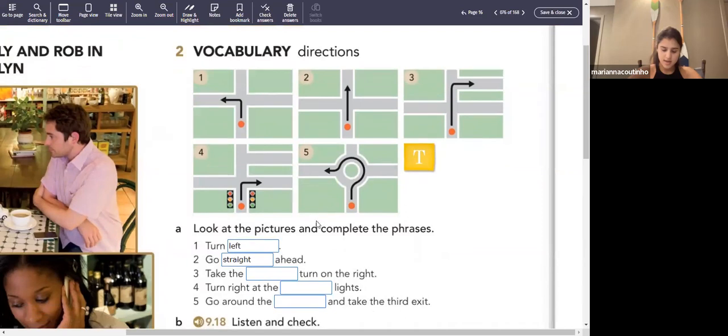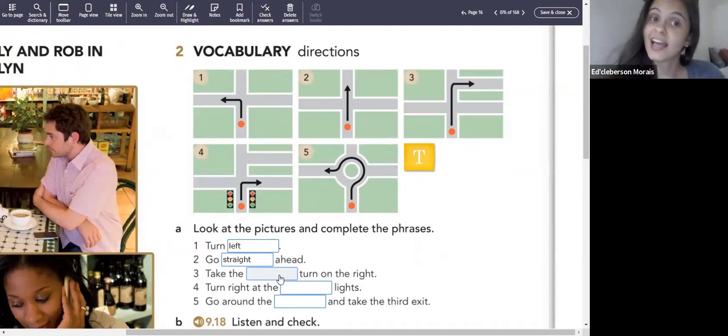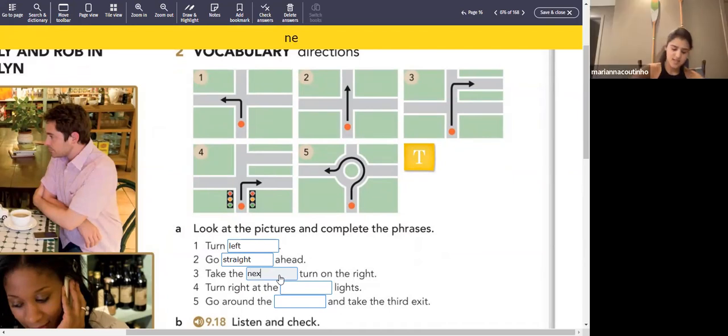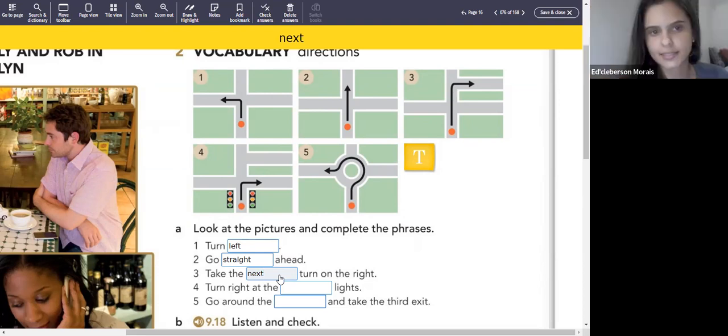Take the second... Maybe, but it's the after. Similar to after. It starts with N. Not this one. Next. The next turn on the right. Awesome.